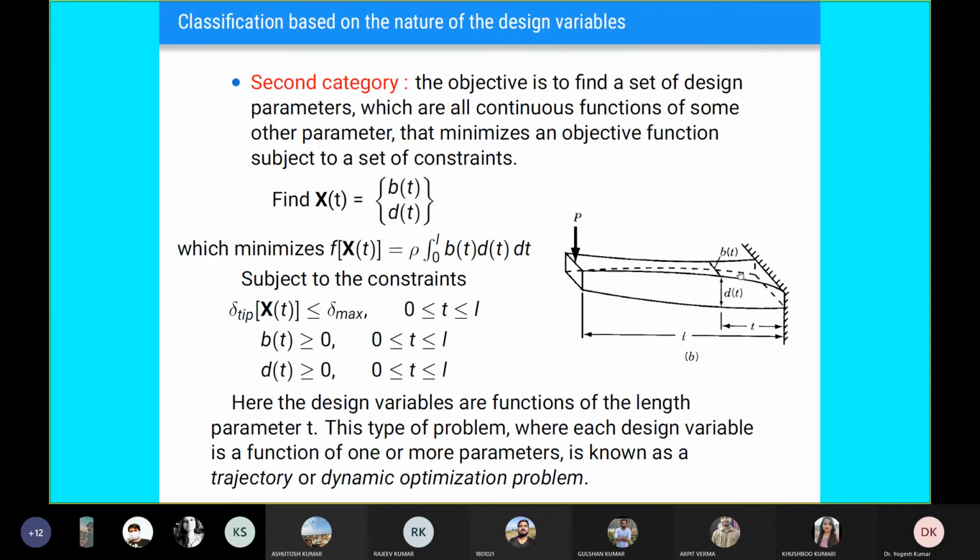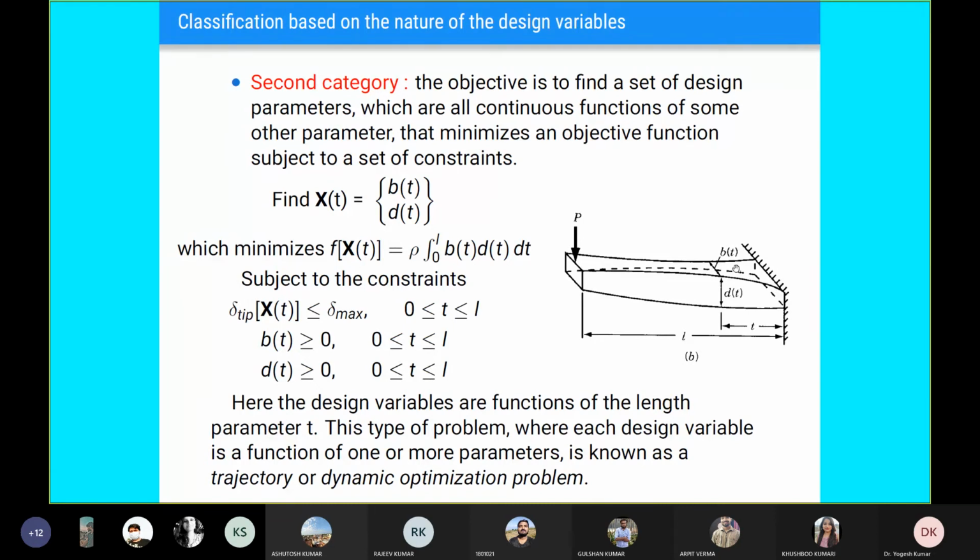So we have to integrate the small elemental strip which we have taken on this cantilever beam. In this second type of classification, we can see your design vectors are not independent, they are dependent on another parameter, which is the distance from your fixed point.